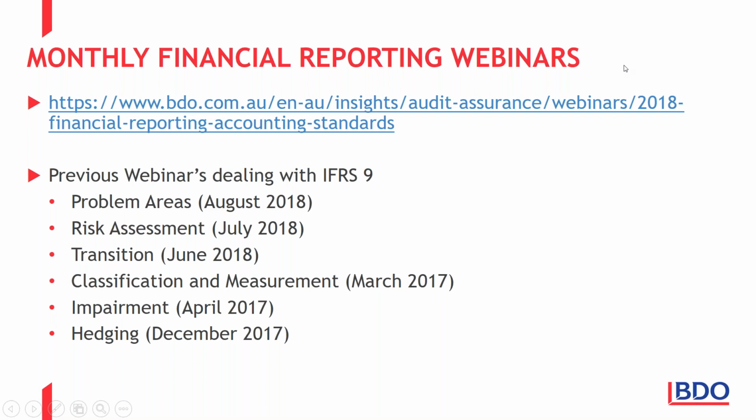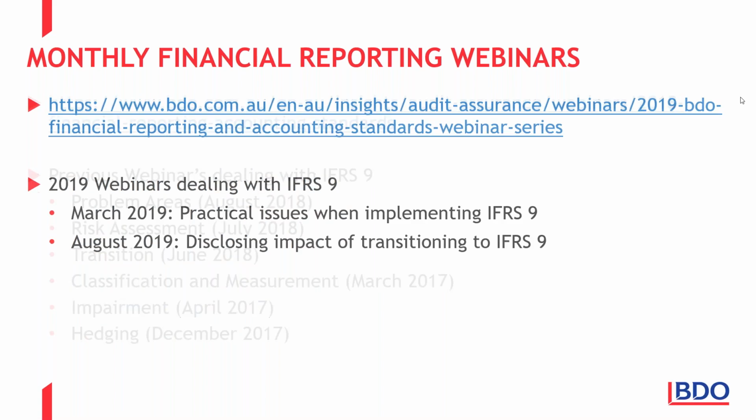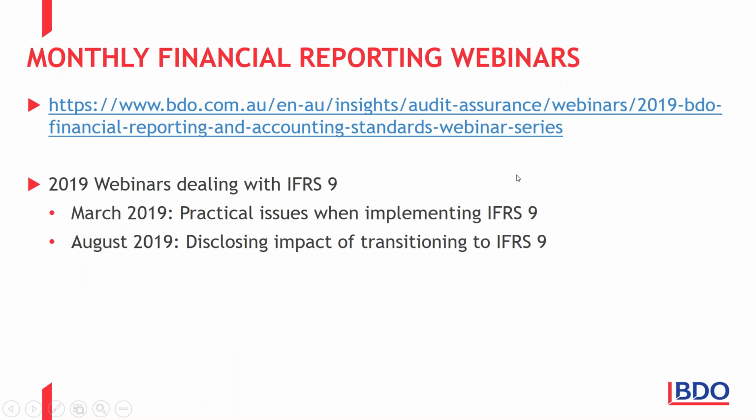Those aspects were all really around recognition and measurement. And now in 2019, we are looking at practical issues when we implement IFRS 9. We did that in March. Because a lot of our clients have started implementing IFRS 9, we became aware of some practical considerations and we've highlighted those.